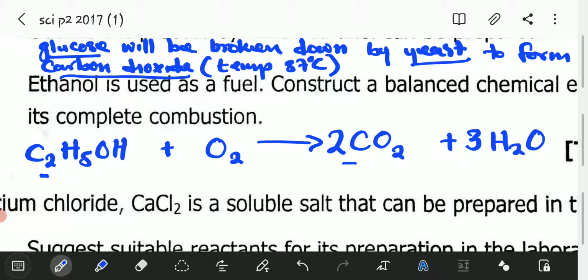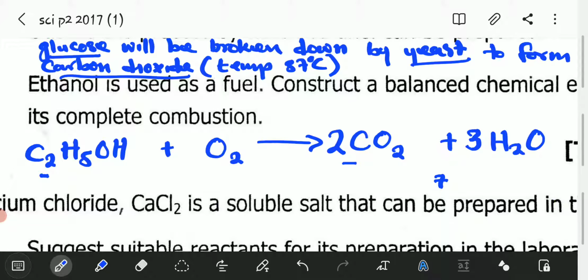So now we turn our attention to oxygen. Oxygen is the last man standing. On the reactant side, we have 1 oxygen here and 2, so in total there are 3. On the product side, we've got 3 oxygens plus 2 times 2, which is 4. So 3 plus 4 is 7. So this side we have 7, and this side we have 3.